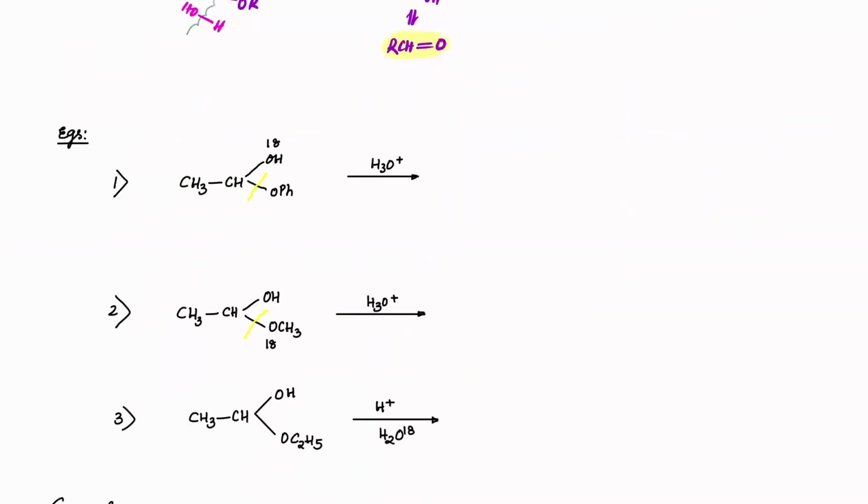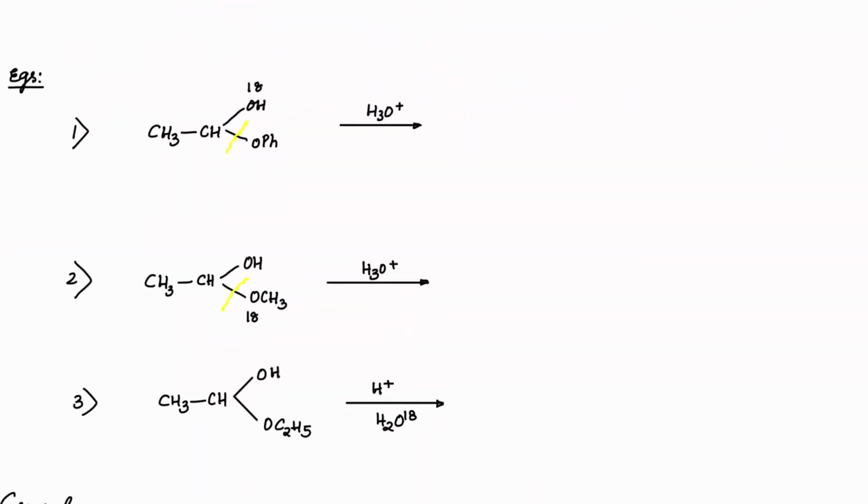Done. Now notice, see, this is hemiacetal, right? Because one OH and one OPh is there. So you can break down here. Then as you break that here, you'll get this as CH3, CH, OH, and OH present here. Correct. Now notice this one.